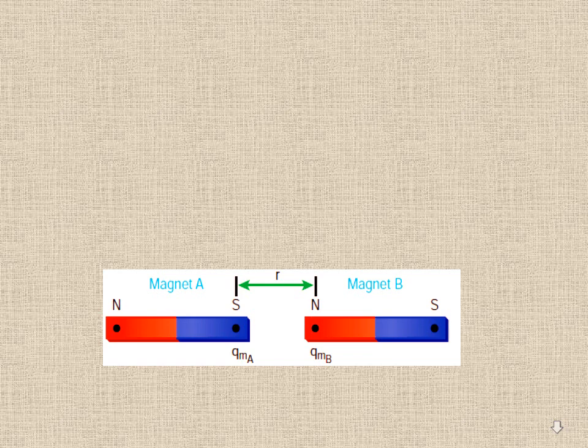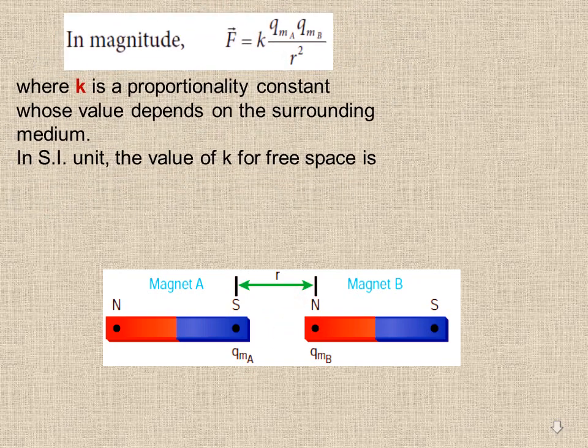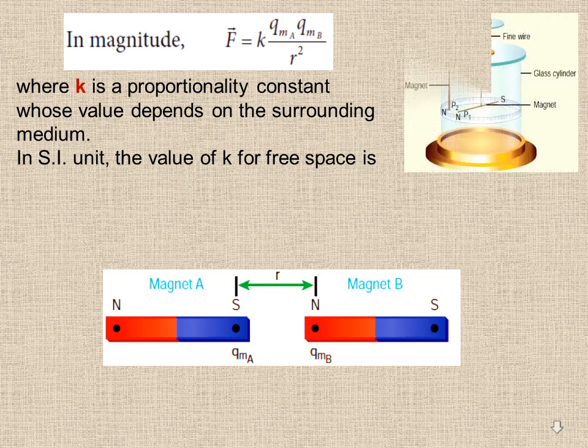N and S are the two poles, north pole and south pole. There is a distance between the south and north, that is r. In magnitude, F is equal to K into QmA QmB divided by r square, where K is a proportionality constant whose value depends on the surrounding medium.